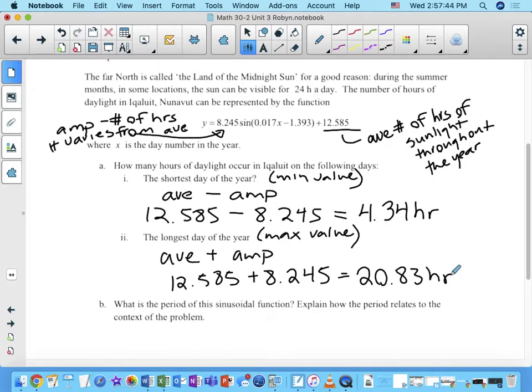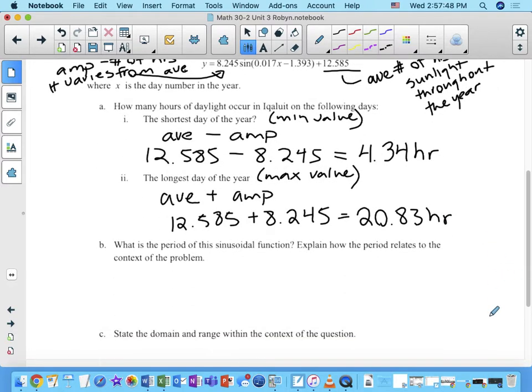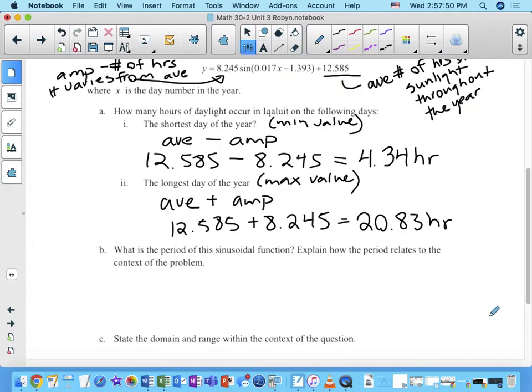Okay, let's talk about the period. How would you figure out the period of this function? So let's just think, period is equal to what?